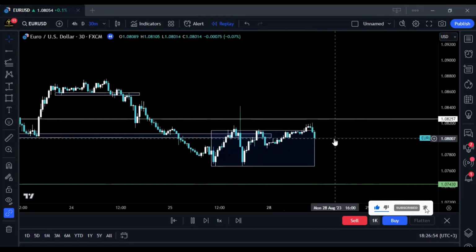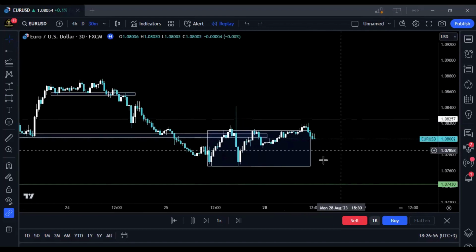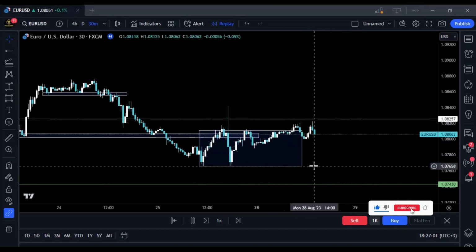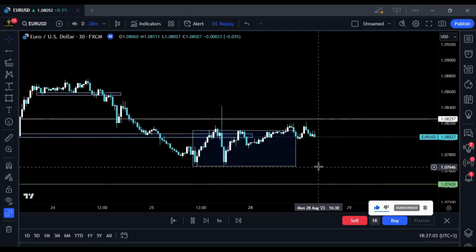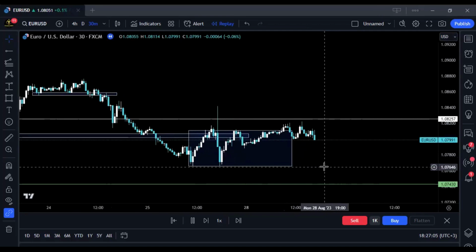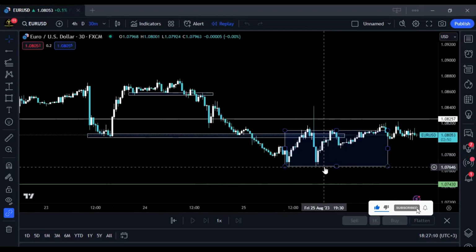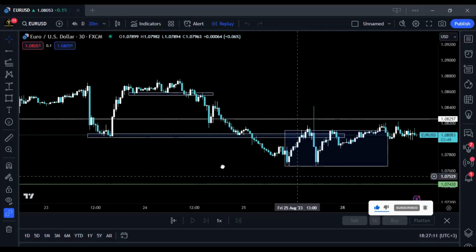Prices broke about that. So prices are still ranging. As of now, prices are still ranging.